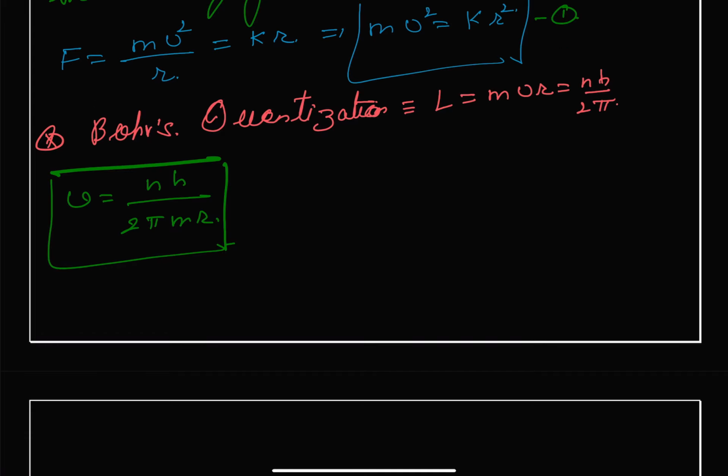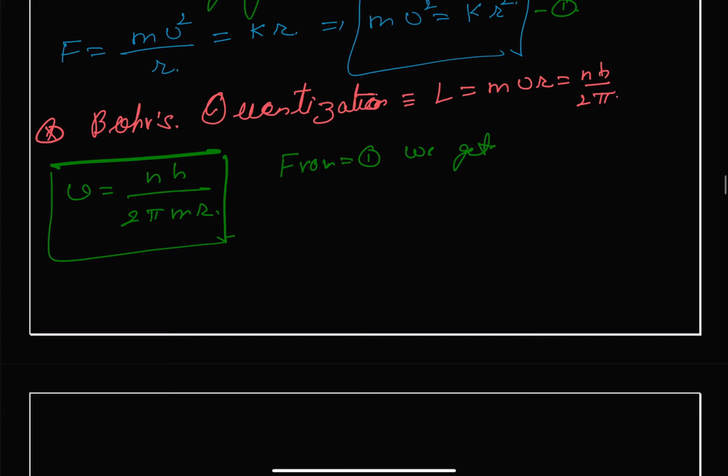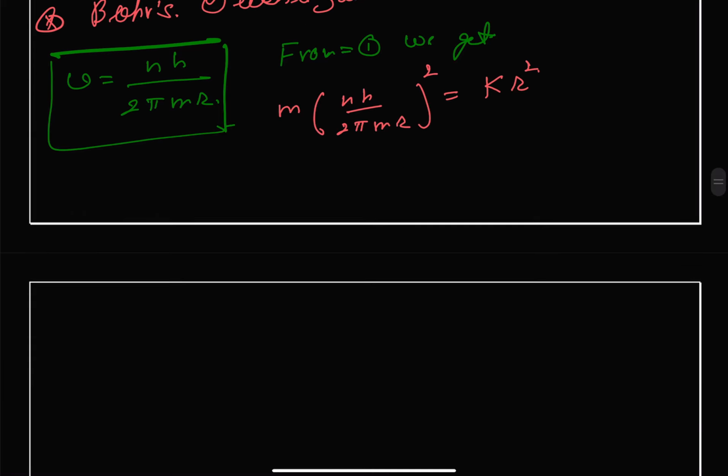So from equation 1 we get that m times nh upon 2 pi mr whole square is equal to kr square, and we can simplify it.